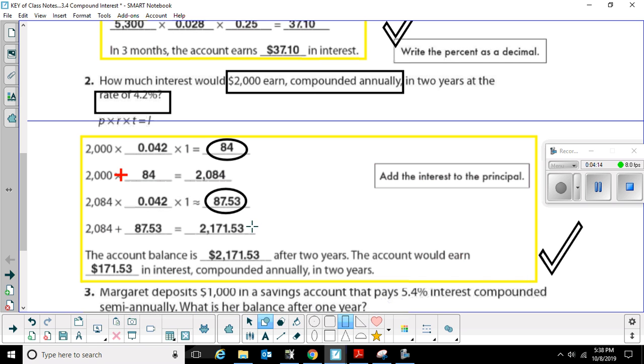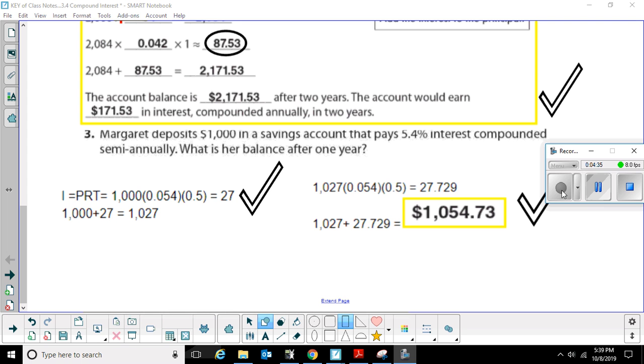This is my new balance after 2 years. So according to the balance, after 2 years, I have $2,171.53. And if I add $84 and $87.53 together, that will give me 171.53. That's the interest I've earned after 2 years. Let's take a look at our next question.